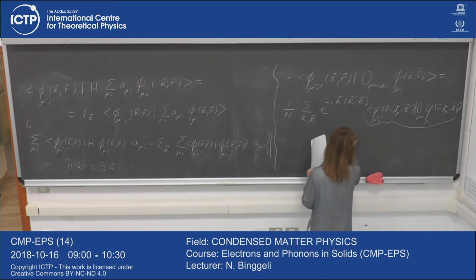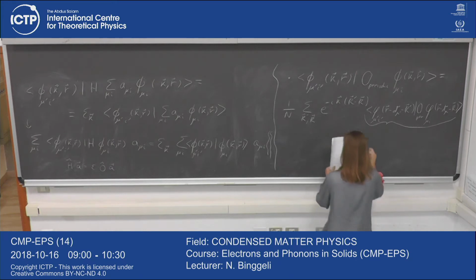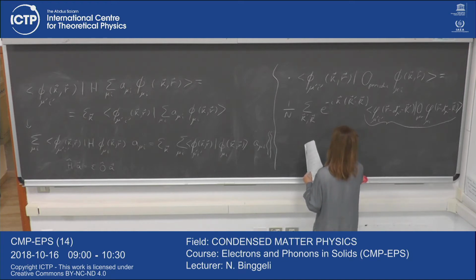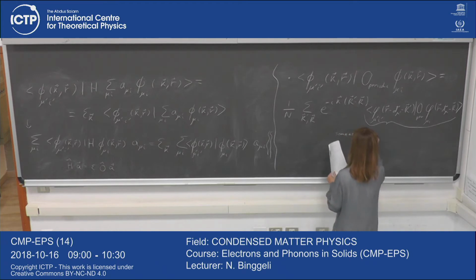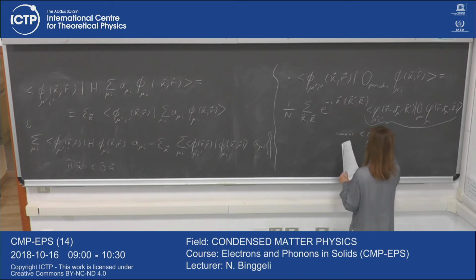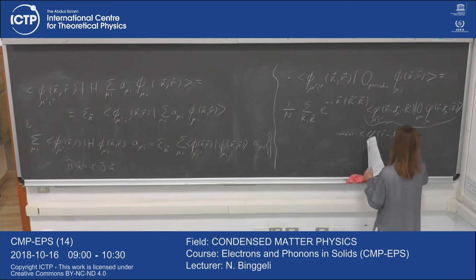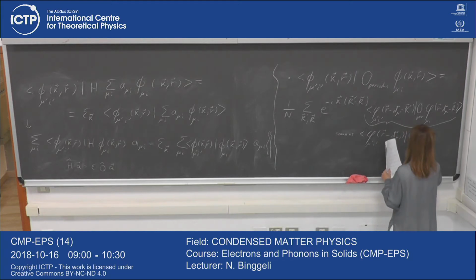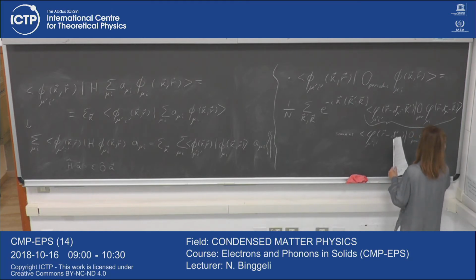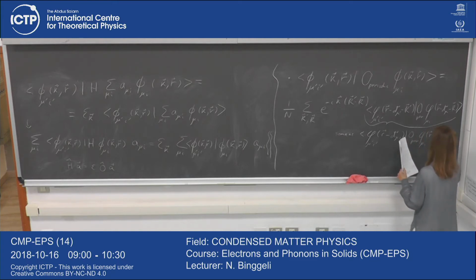So this is the same as phi mu prime I prime of R minus d mu prime, my periodic operator, phi mu I of R minus d mu minus R plus R prime.